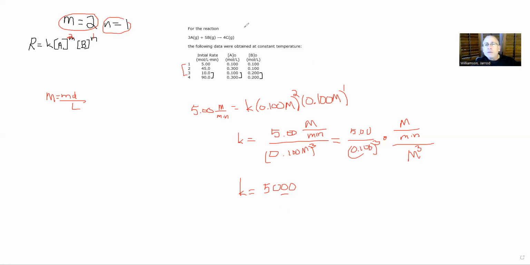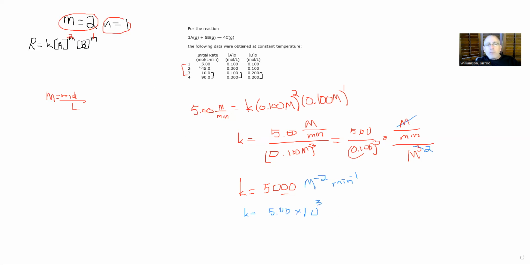And then this molarity will cancel out with one of these and make that molarity squared. So I will end up with molarity to the -2 minutes to the -1. And then to get this in the correct number of sig figs, 5,000 to 3 sig figs would be 5.00 times 10 to the third.